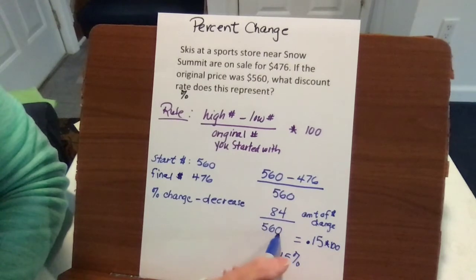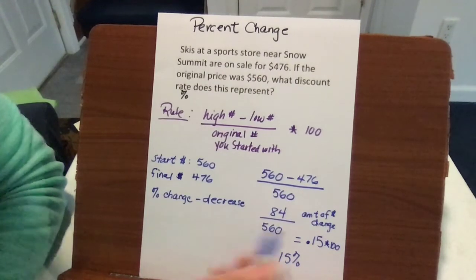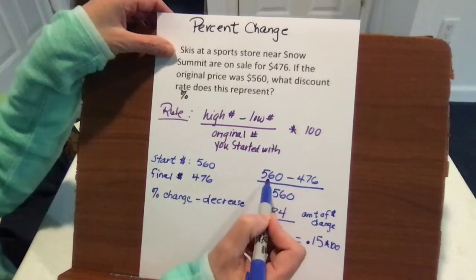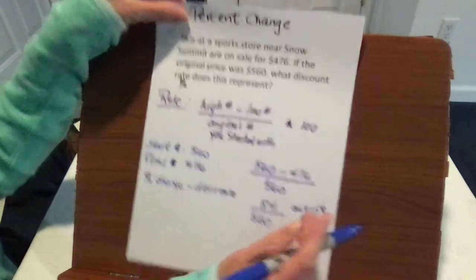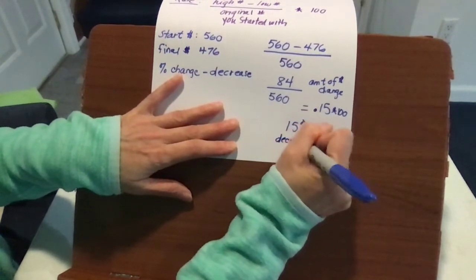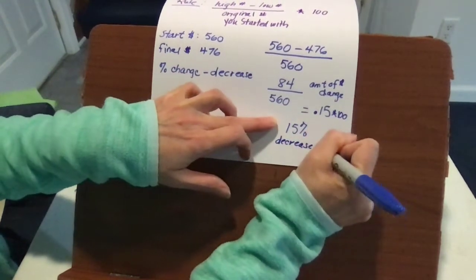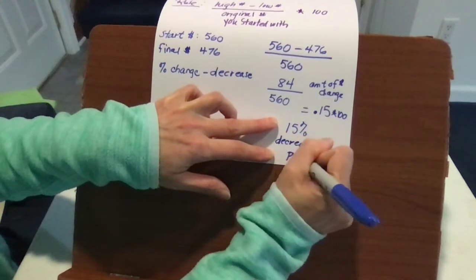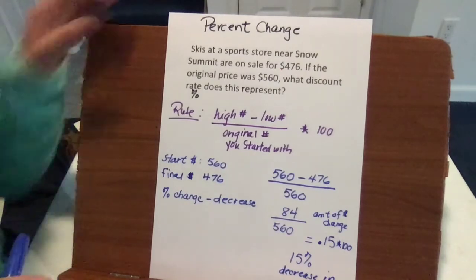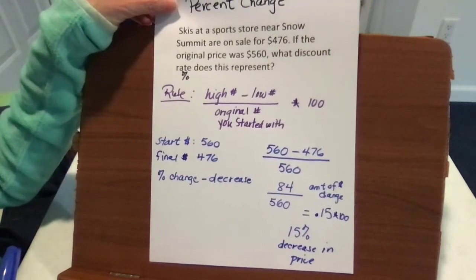So we divide by 560 in this case, and the amount of change is 15%. Now, because we went from 560 to 476, this is a decrease. So it's a 15% decrease in price. And for money, in the real world, we think of that as a discount. We took money off, so that's our discount amount. So that's our decrease in price.